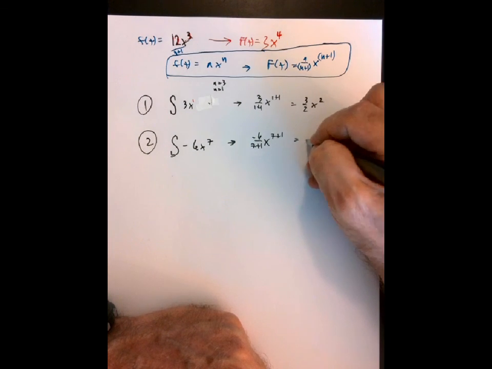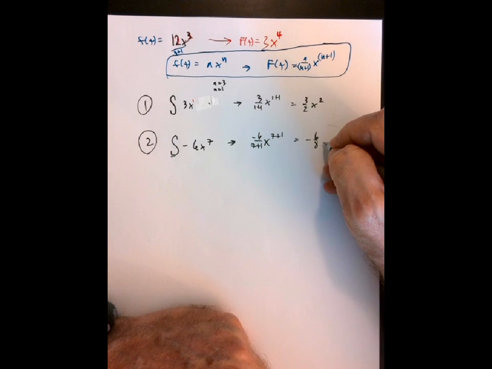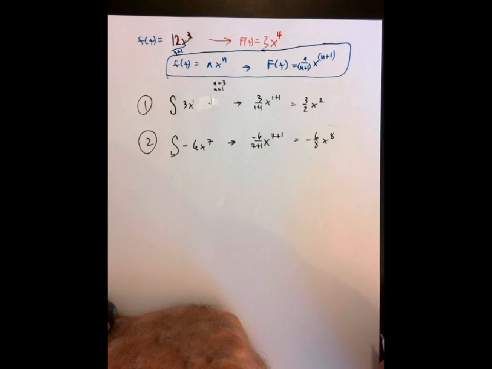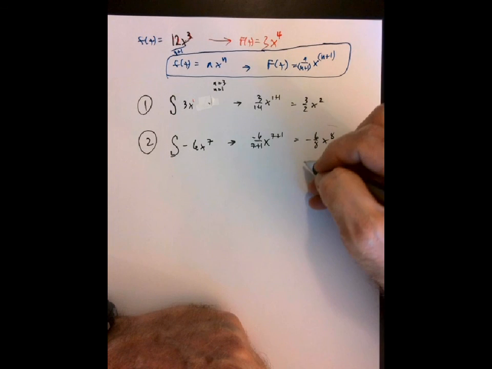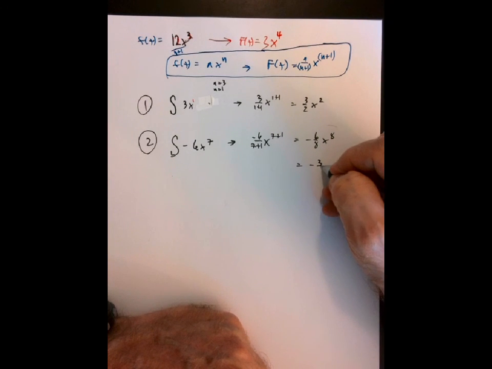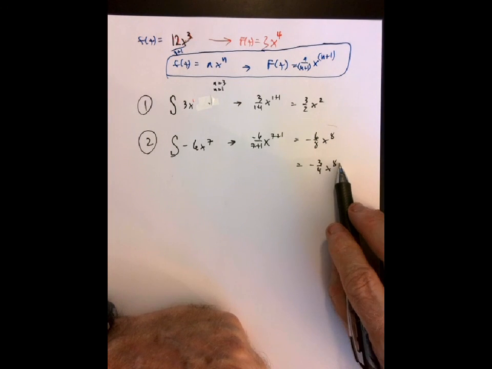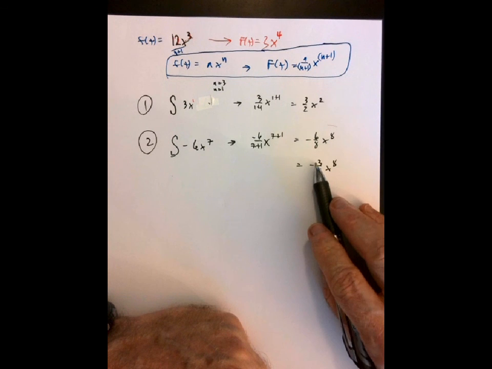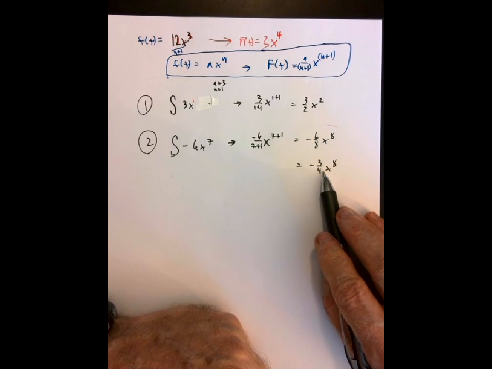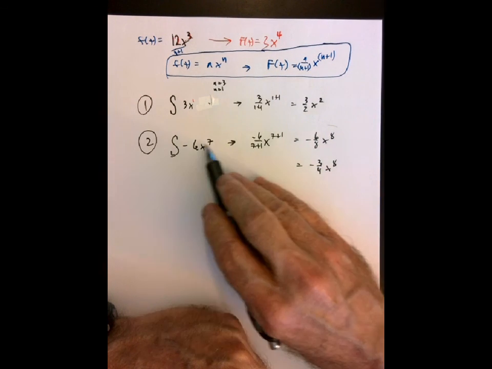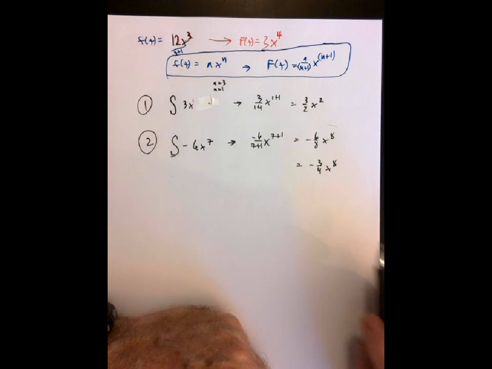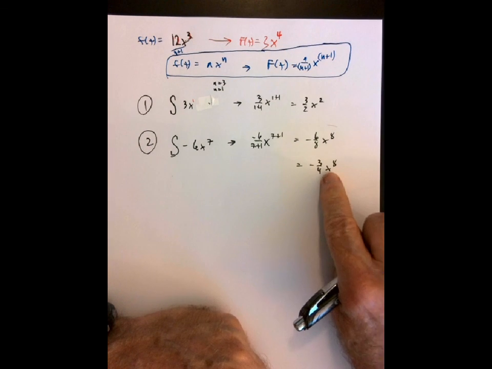So that's negative 6 over 8 x to the 8th power. 6 over 8 reduces to 3 over 4, so that's negative 3/4 x to the 8th power. You can see that if we take the derivative, we multiply 8 in front, the 4 cancels out, we've got 2 times 3 is negative 6, 8 minus 1 is 7. So that's the antiderivative of that.